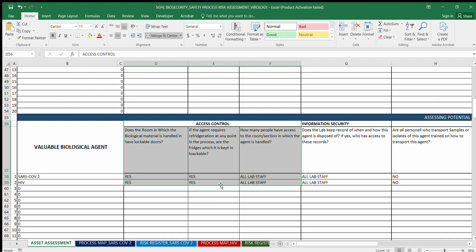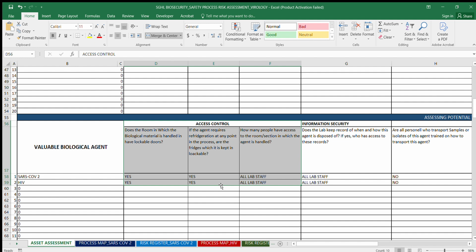But then, of course, you can have other questions that may be related to the lab itself. So we are talking about, is the lab lockable, or is there access control to the overall lab entry doors? And then you can look at the facility itself. So is the hospital lockable? Do you have multiple access points to the lab?